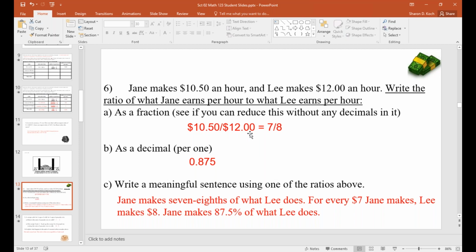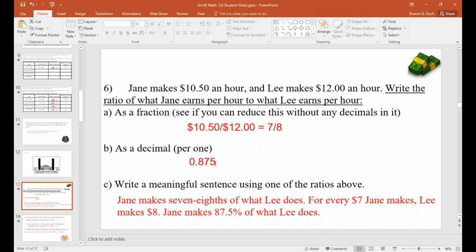Now you can reduce it to lowest terms in the form of a fraction, but what we do most of the time is we just divide it out and get a decimal equivalent. Okay, so we get this number here. This means this many per one of the denominator. So the denominator is what Lee makes an hour, right?